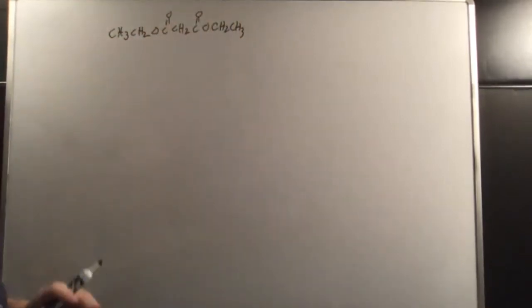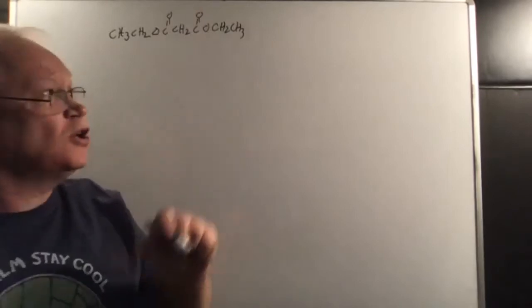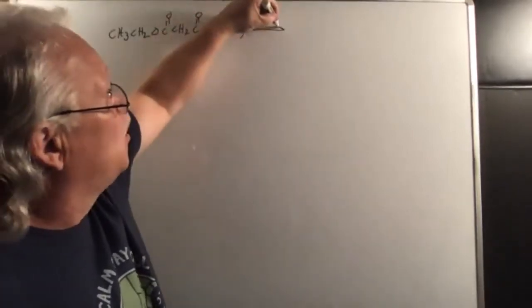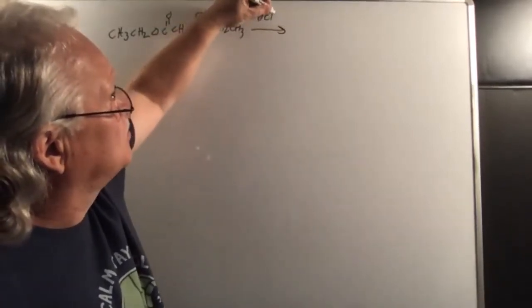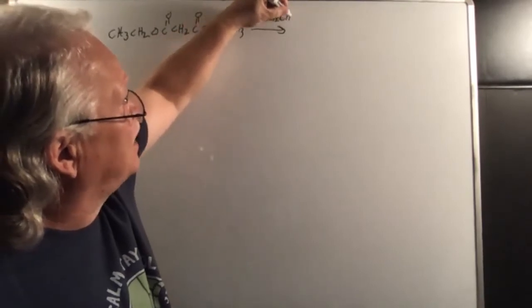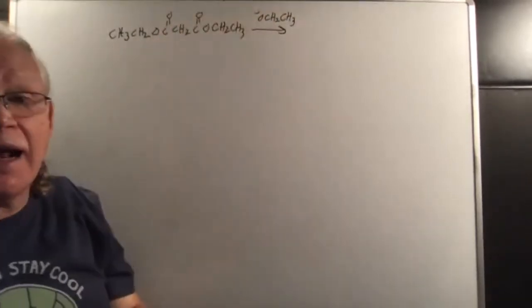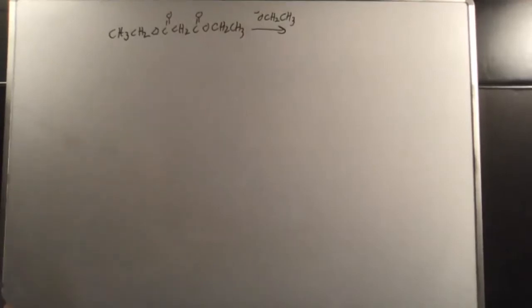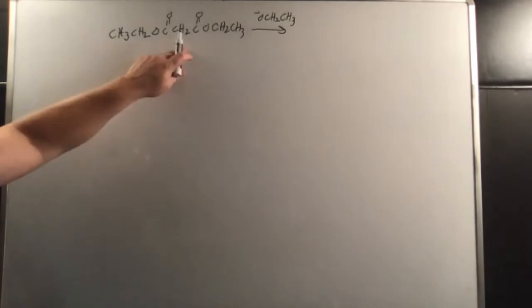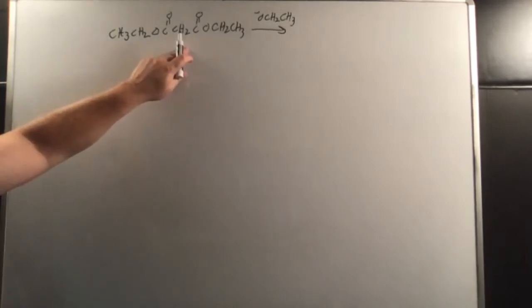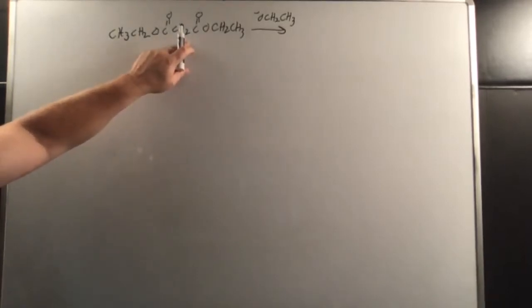Now watch what we're going to do. We're going to treat this with a base. What base will I use? Since I have the ethyl group on the ester, I have to use the ethoxide ion as my base. What do you think that's going to do? It's going to deprotonate the hydrogen.